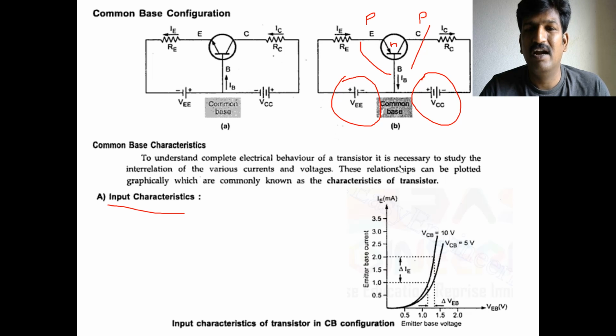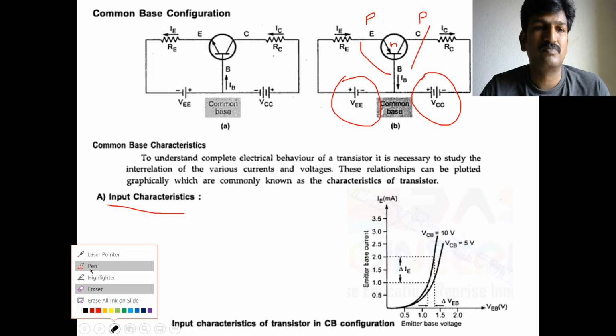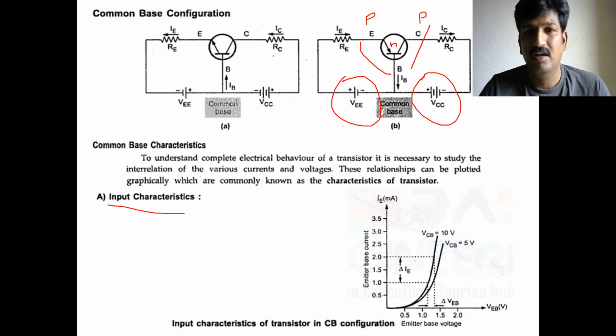In the input characteristics, the x-axis is VEB and the y-axis is IE. The current passing through the emitter terminal is in the milliamps range, not amps. The voltage you apply to the emitter to base terminal is in volts.